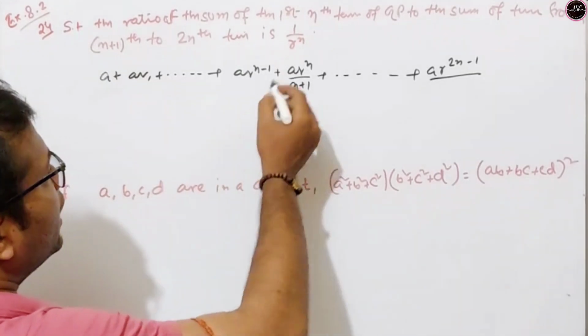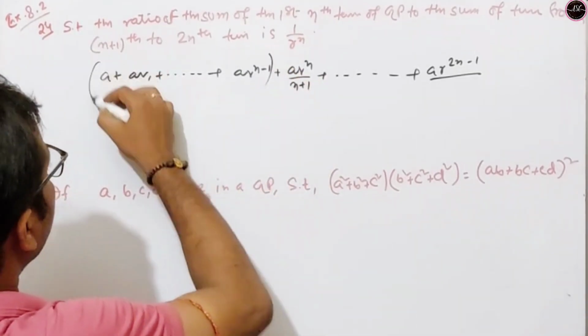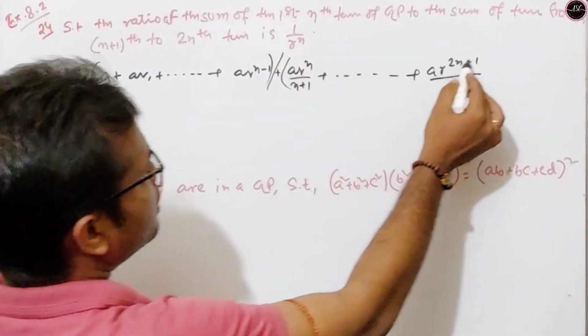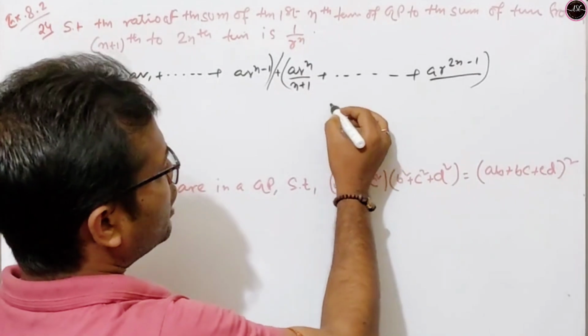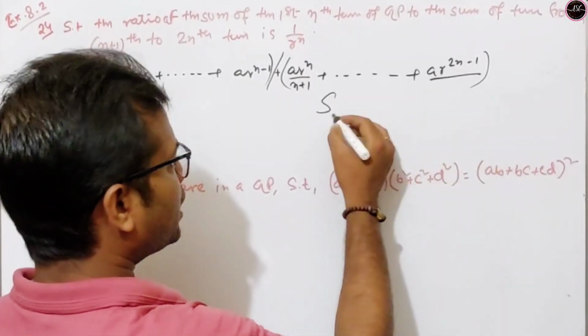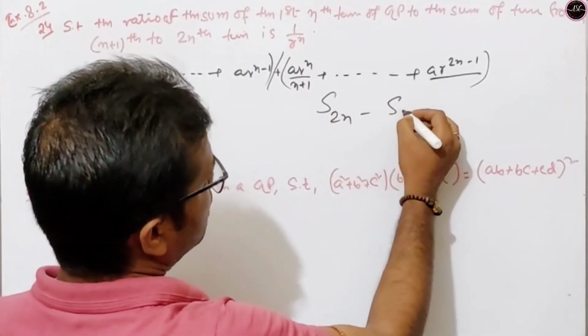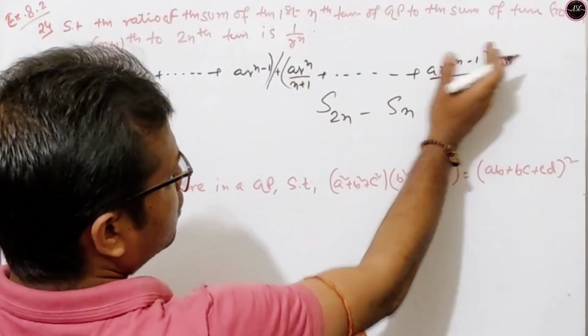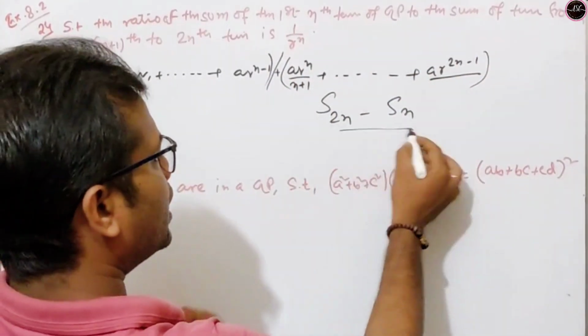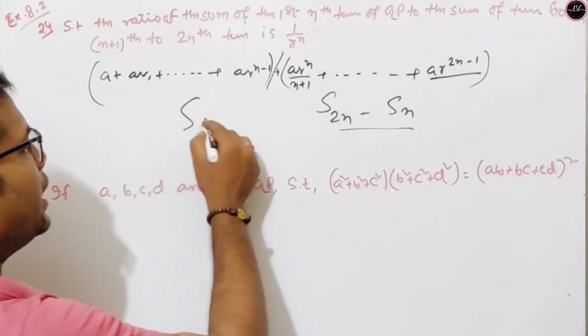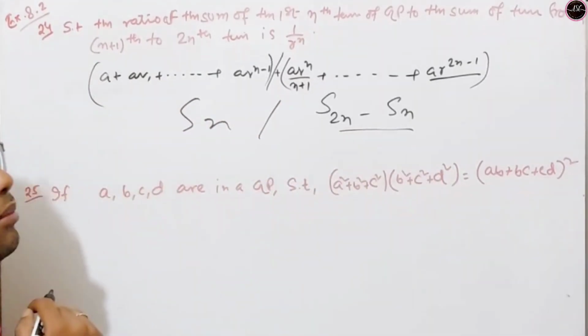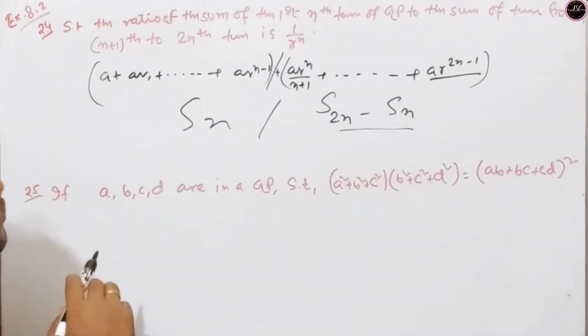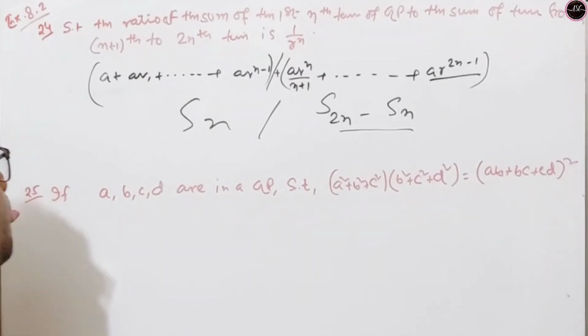So here we have to take the ratio of this divided by this. If we subtract the sum of n terms from the total, we get this. This is the question: Sn divided by S2n minus Sn. So just apply that.